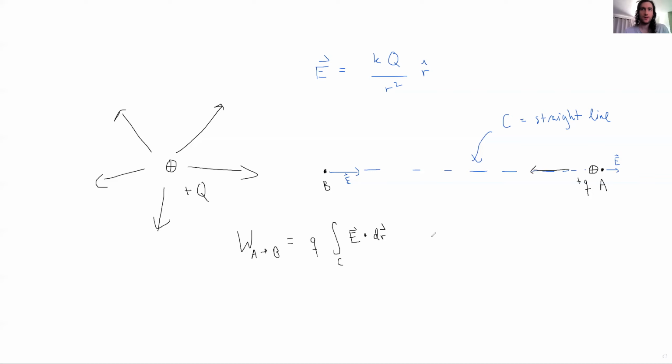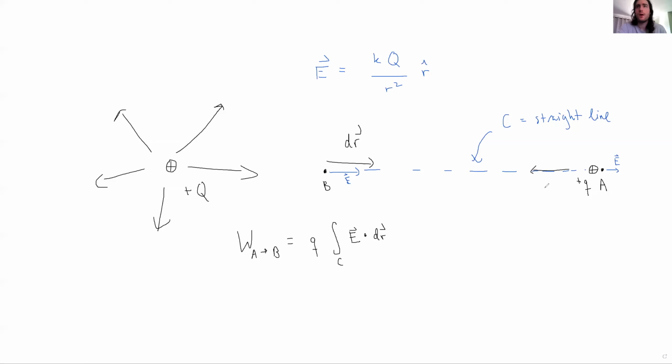Now, what do we do with dr here? Well, dr is measured in this direction, right? Along increasing r. Well, our particle, let me clean that up a little. That arrow is kind of big.